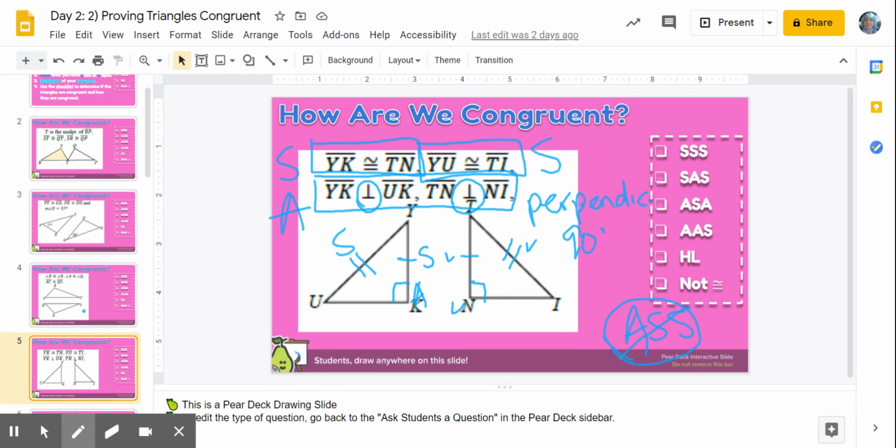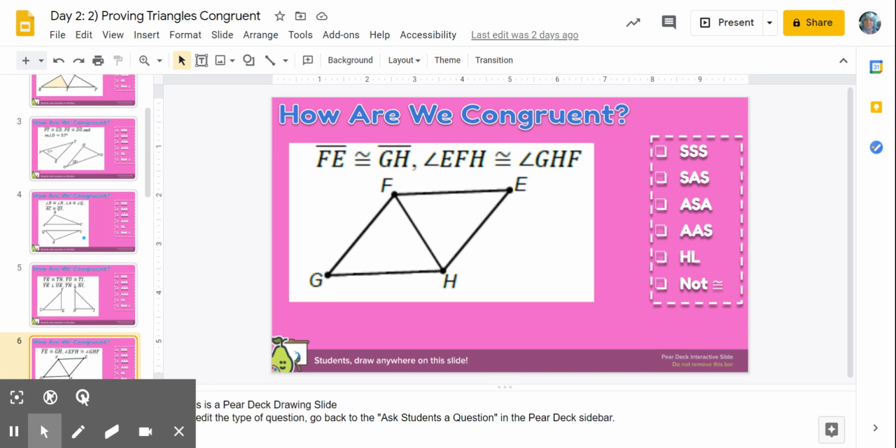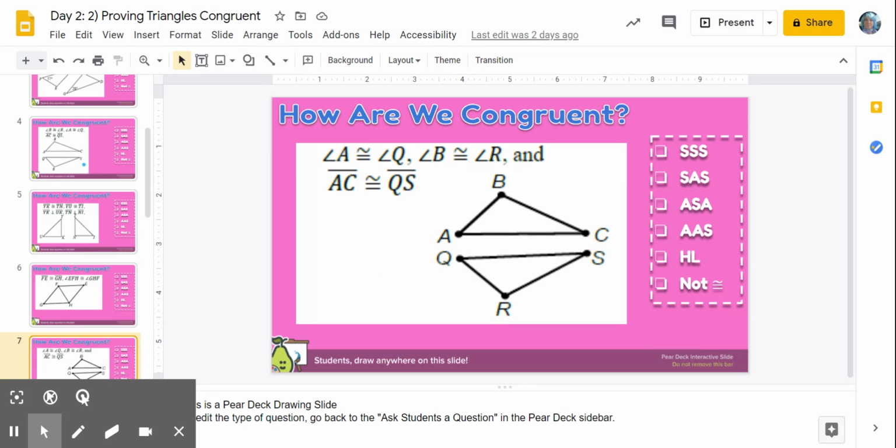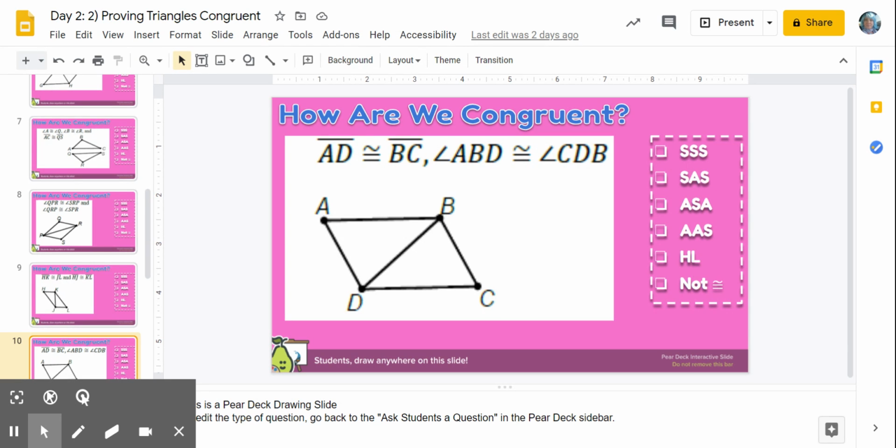It is not a thing, but this is a special right triangle because this is the hypotenuse and this is a leg, right? The legs make the right angle and the hypotenuse is opposite it. This is hypotenuse leg. And you have to know that these symbols mean perpendicular, which implies 90 degrees. Okay, questions on that? Okay. That one's good. That one was good. That one was good. Also good.